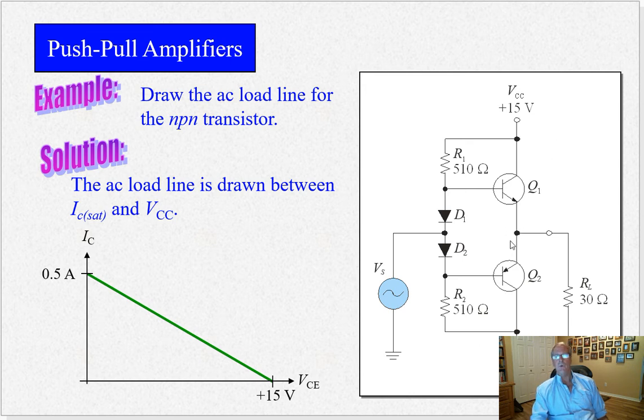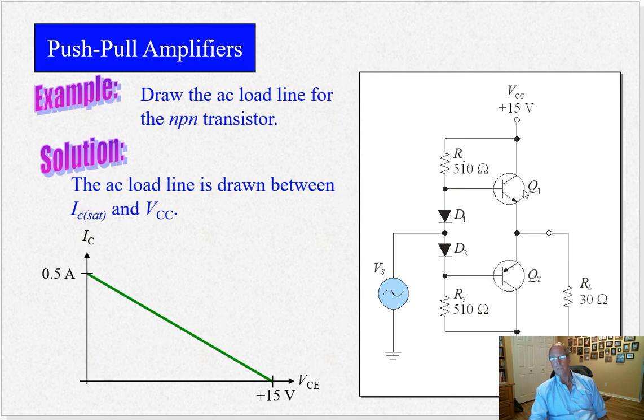VCE is going to be 15 volts when this transistor is completely open. Think of it as a paper clip. You put a paper clip across here, measure the voltage across the paper clip, 0 volts. You're going to measure 15 volts across the collector and emitter when this is open, when there is no paper clip in there, okay?